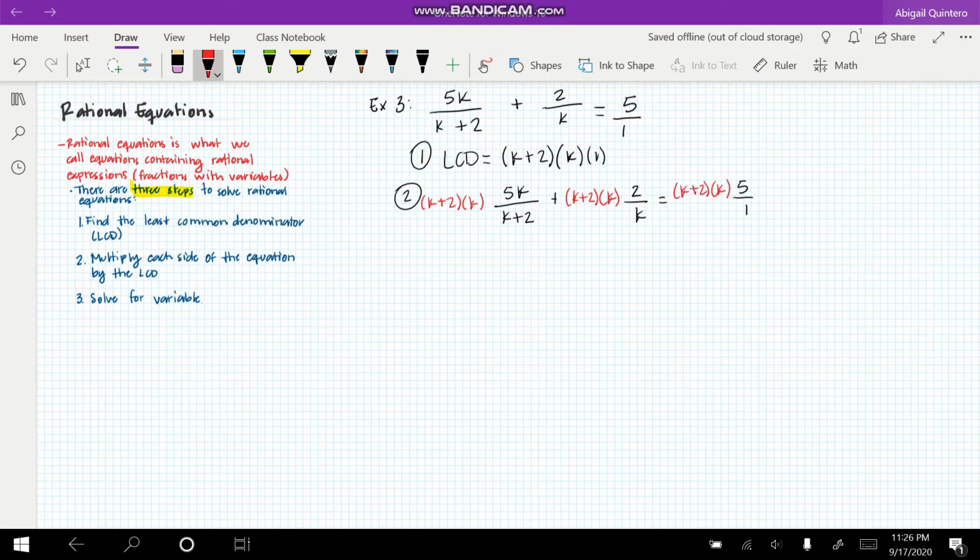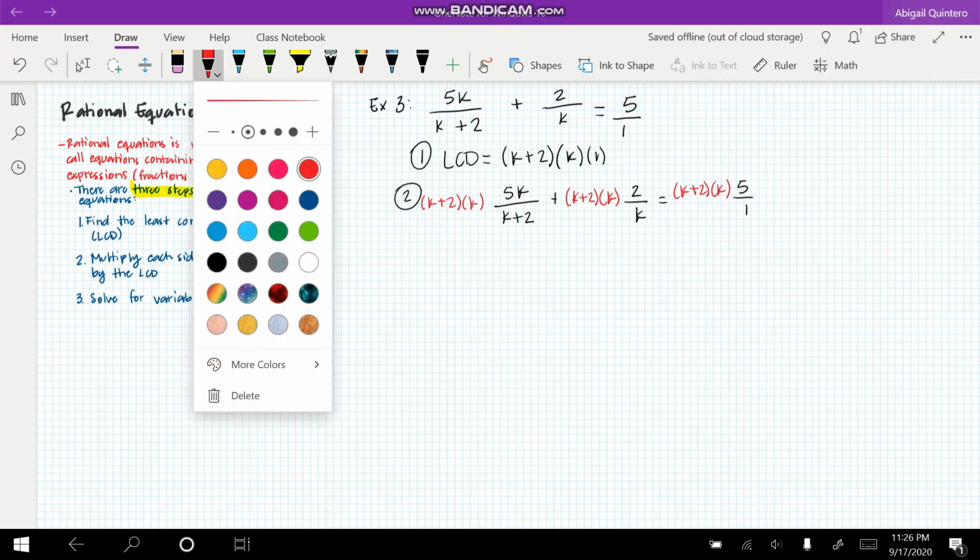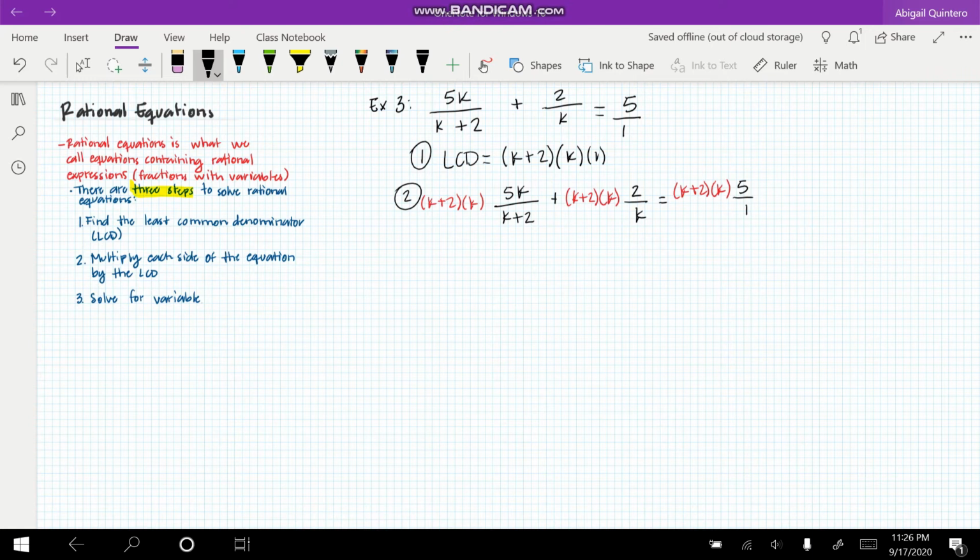So now that I am multiplying every single term by the LCD, what I want to do is find that relation between the denominator and those values that we're multiplying. By finding the LCD, that's going to help me get rid of the denominators.